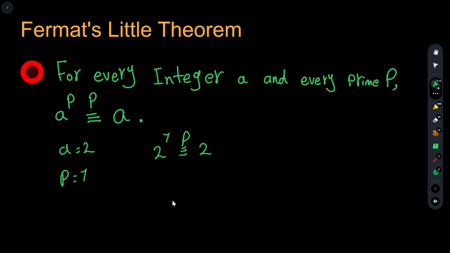And you can easily check that. 2 to the power of 7 is equal to 128 mod 7, which is equal to, let's just do that calculation real quick.